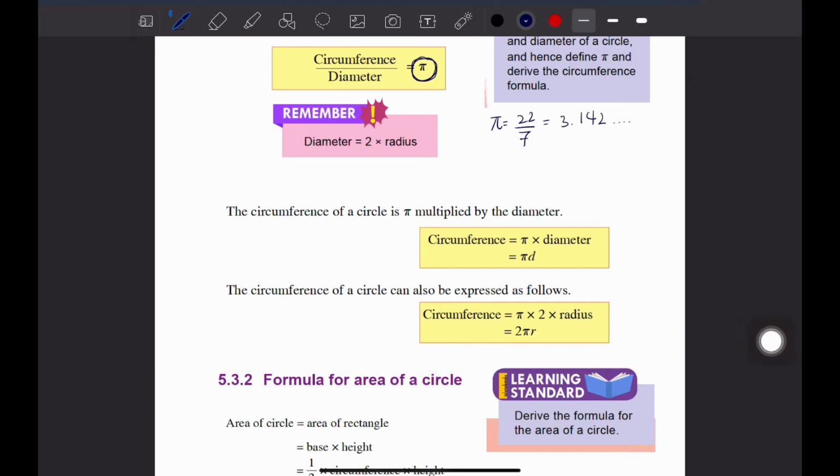So if the question asks you to find the circumference C, you can use two formulas. The first one is pi d, or instead of pi d you can use pi 2r, or we can rewrite it as 2 pi r. This is the famous one.